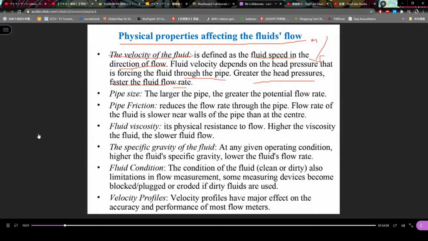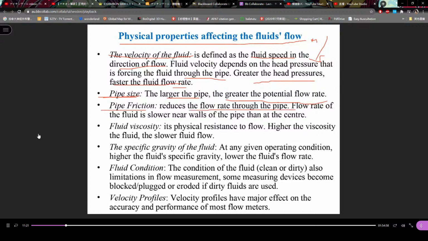And pipe size. The larger the pipe size, the greater the potential flow rate. A smaller pipeline, of course, has more friction, and that's why the flow rate is slower. So pipeline size is very important. Pipe friction reduces the flow rate through the pipeline.